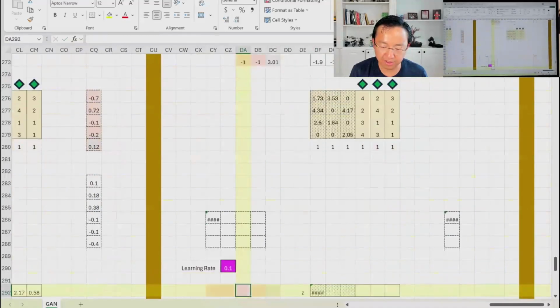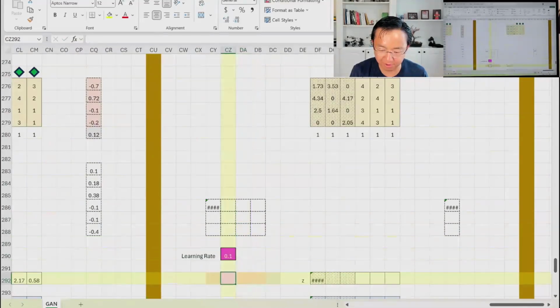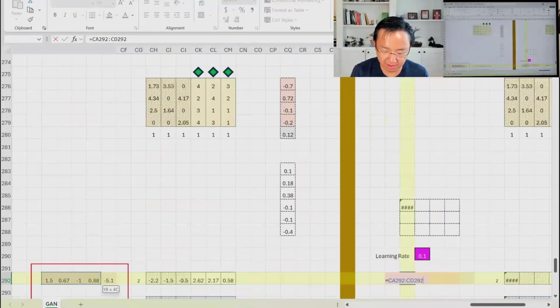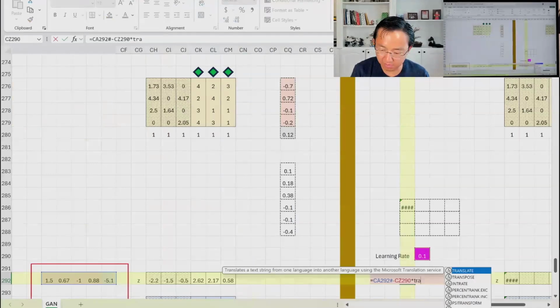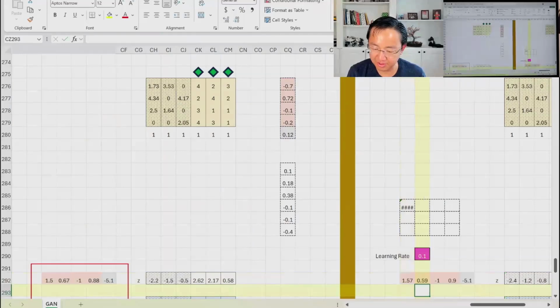No, I'm actually updating my discriminator over here. So it's moving around, kind of confusing. Here, now I'm going to take my discriminator weight minus my learning rate times my transpose of that. If you use the fancy term, Jacobian, but it's really just a matrix of all these gradients. So now I have a new weight.